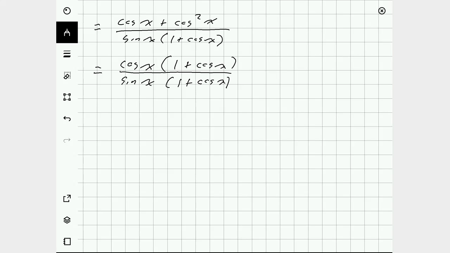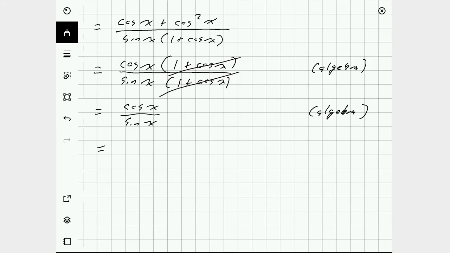That's again an algebra step, playing around a little bit with factoring. Now there's a 1 plus cosine in numerator and denominator, which will cancel each other out. Which is again algebra.